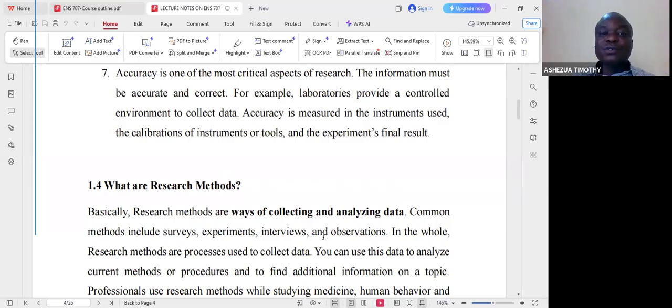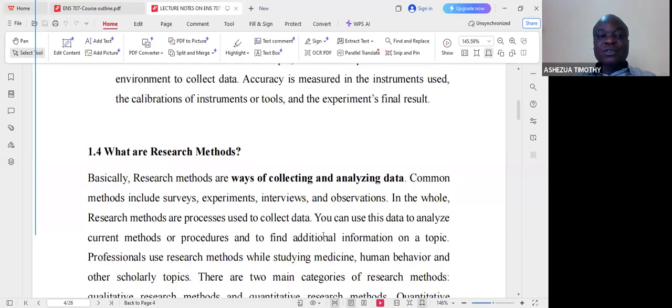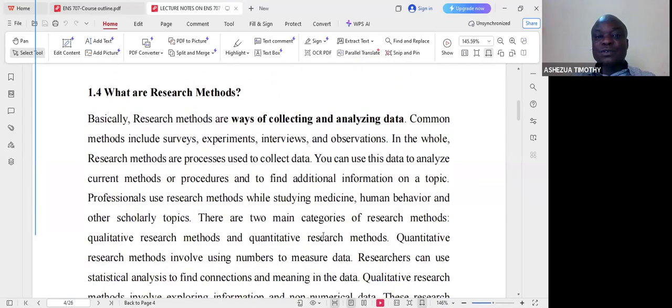And the common methods include you can take surveys, you can perform experiments in the laboratory, you can conduct one-on-one interviews using phone, or through observation. So in the whole, research methods are processes used to collect data. You can use this data to analyze current methods or procedures to find additional information.